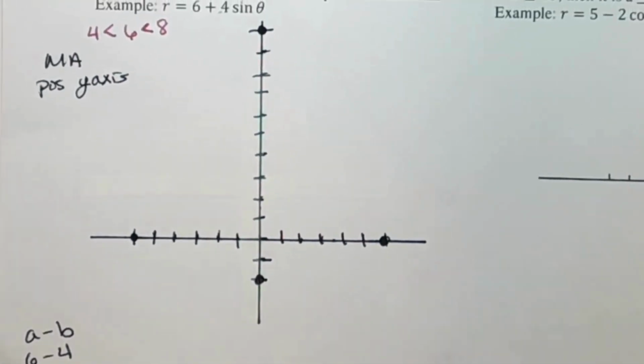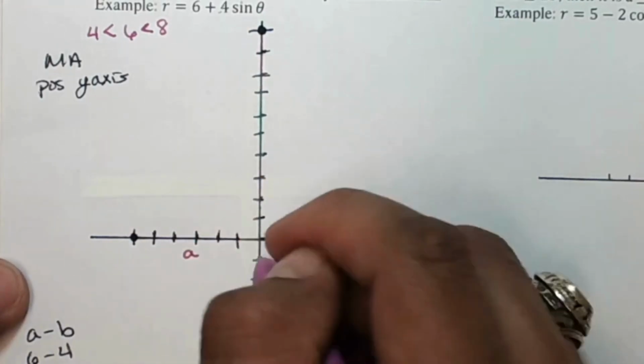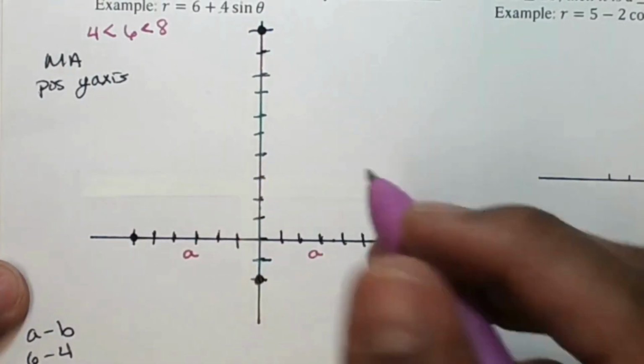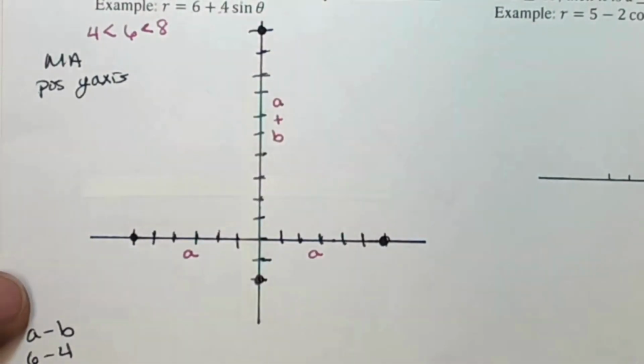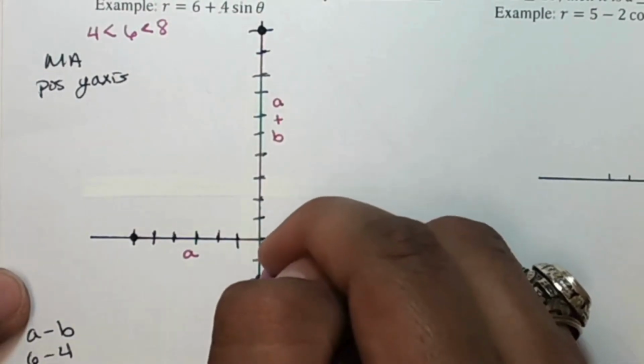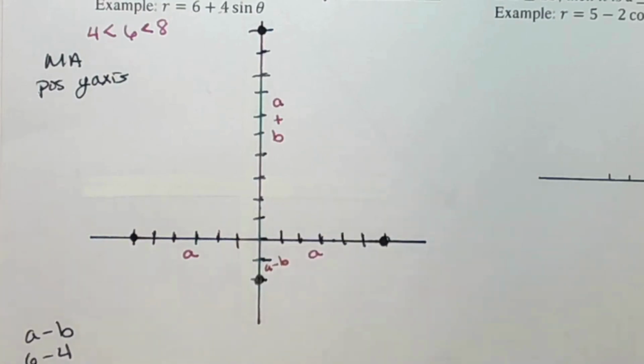So again, the way that I'm getting these values is that this minor axis from the pole has a value of a. This longer part, that major axis, is going to be a plus b. And then this piece here is a minus b. If a minus b is negative, it goes this direction and becomes an inner loop.